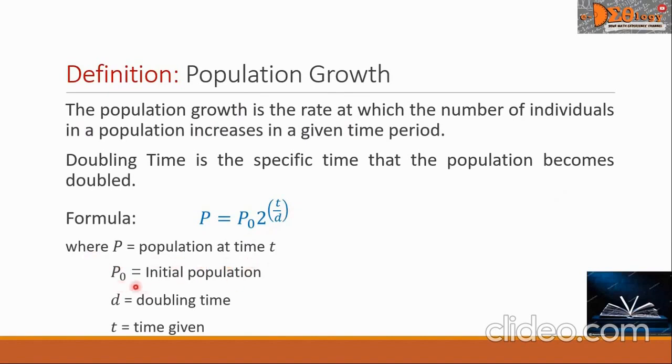P sub 0 equals the initial population. 2 here is a constant, and the d is the doubling time. The t is the time given in the problem.